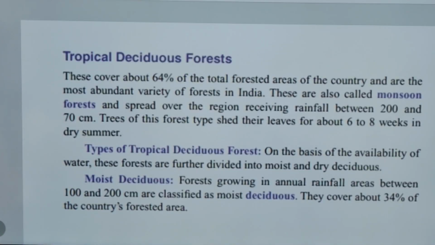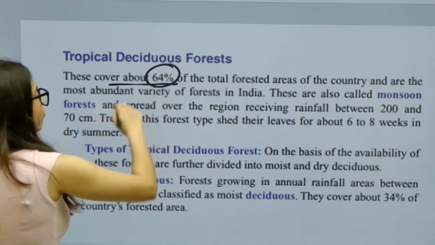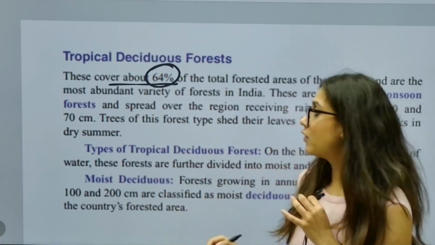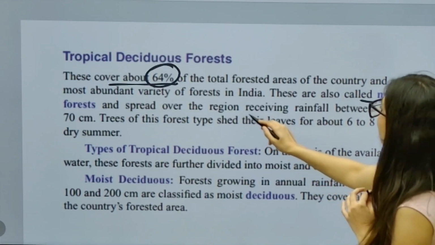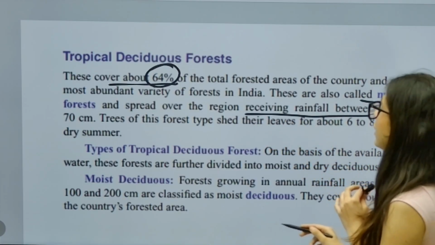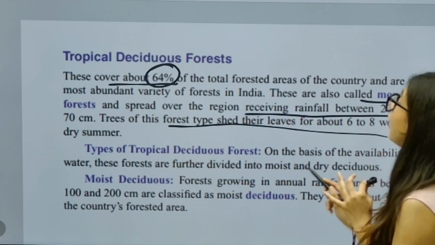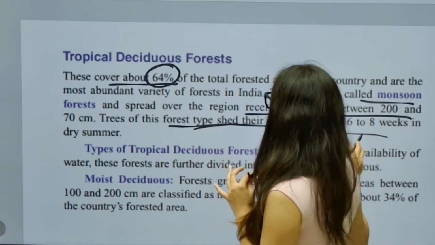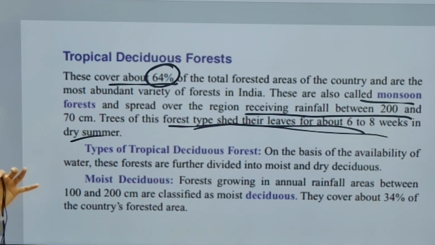Then the second category after tropical evergreen is the tropical deciduous. Maximum portion of India's forested area is covered under this. These are also called the monsoon forest, spread over the region of rainfall between 200 and 70, and they shed their leaves. The only USP of these is that they shed their leaves during dry summer for approximately 2 months.